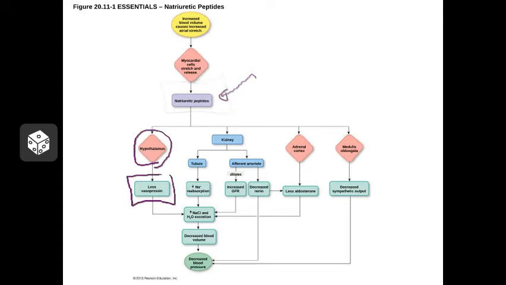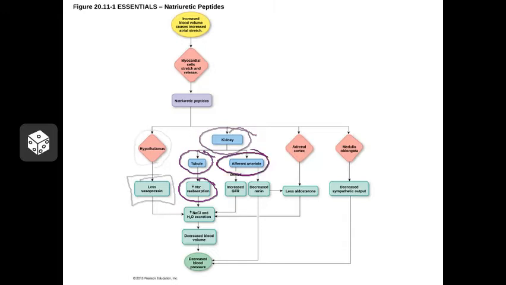It targets the hypothalamus, and that produces less vasopressin. It targets the kidney in two ways: the tubule, decreasing sodium reabsorption, and the afferent arteriole, dilating it, increasing GFR and decreasing renin.